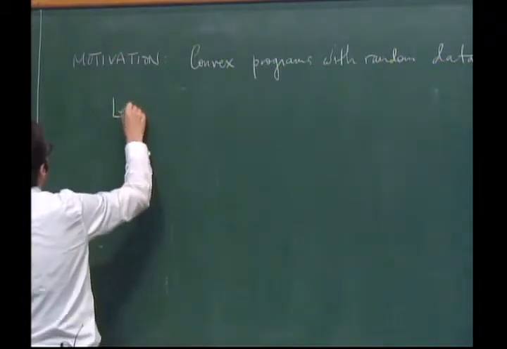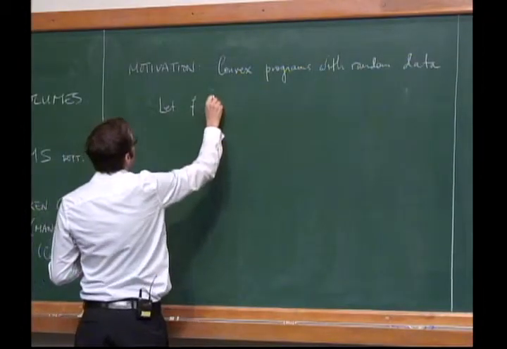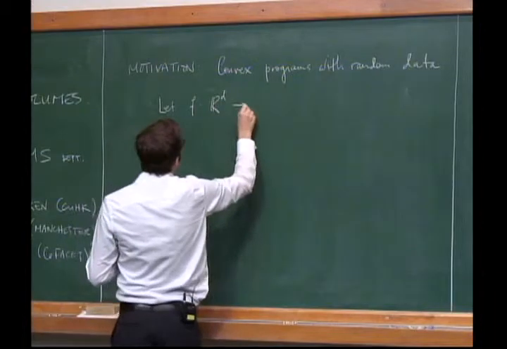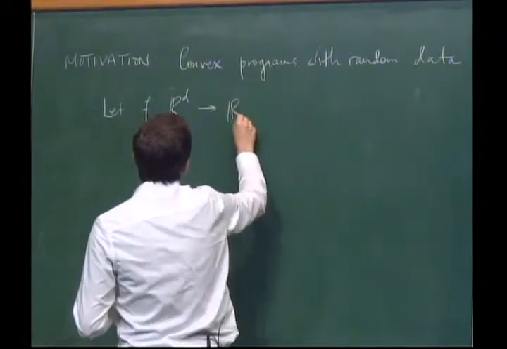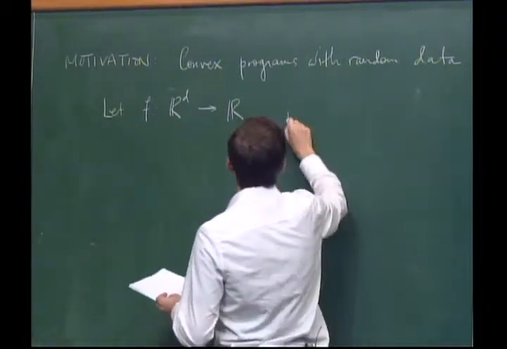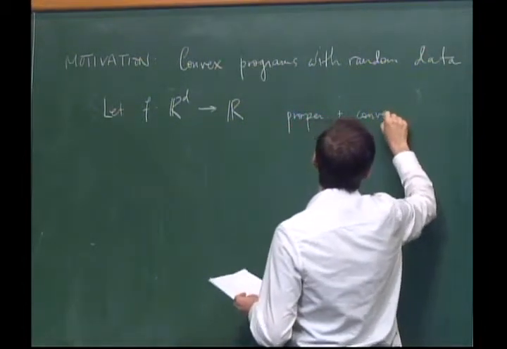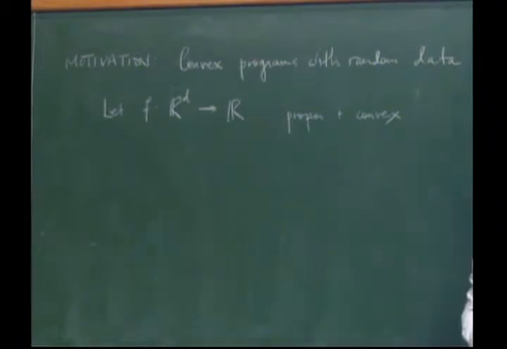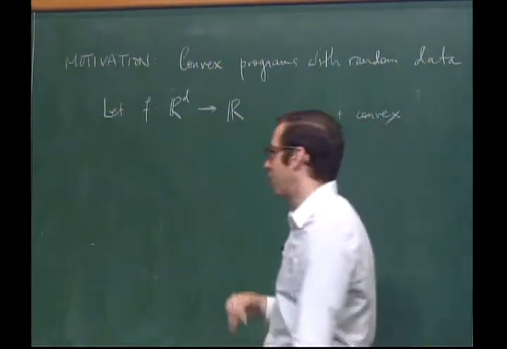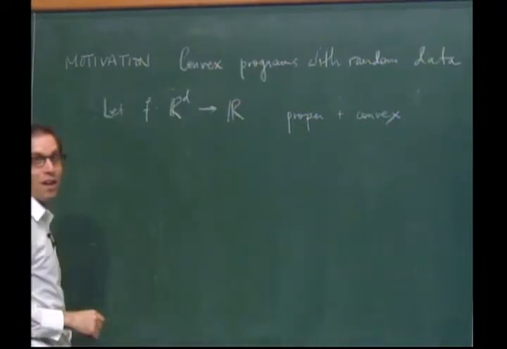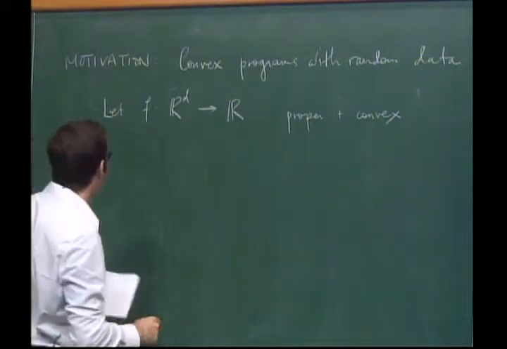So we'll let f be a function from R^d to R, which is proper and convex. So proper just means that it's not awful. So it can't be all plus infinity, and it can't be minus infinity ever.